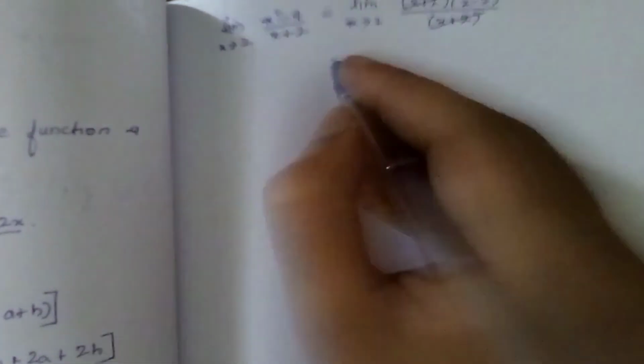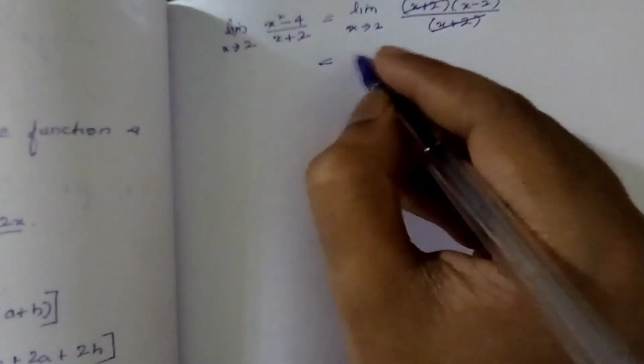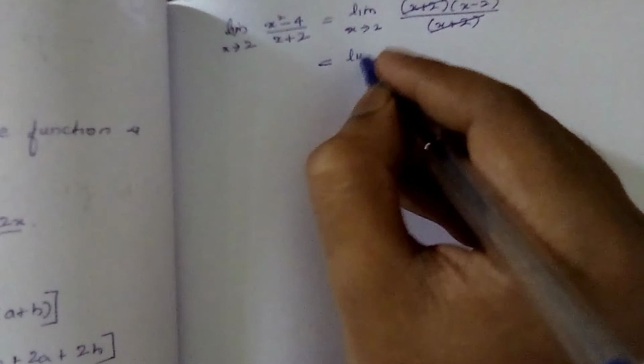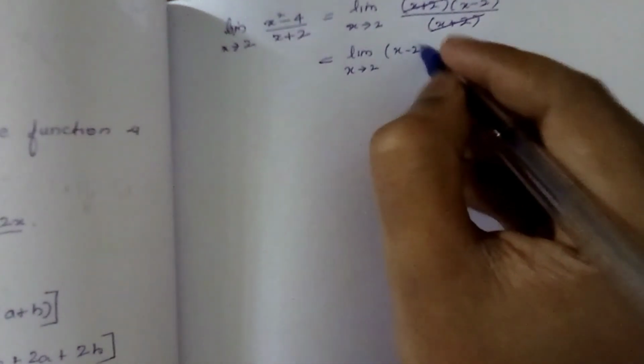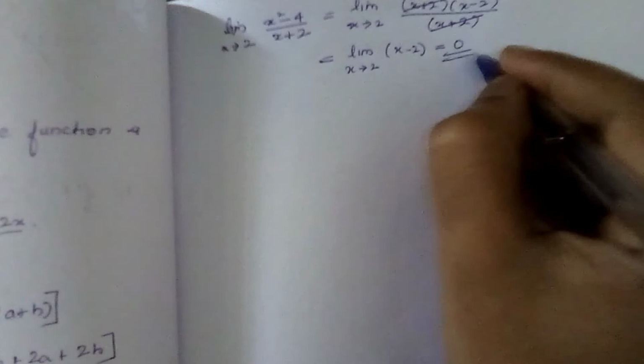Cancel x plus 2 from here. We get limit x tends to 2 of x minus 2, which is equal to 0.